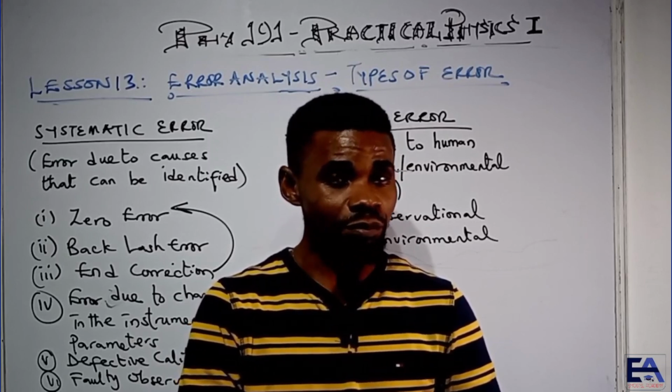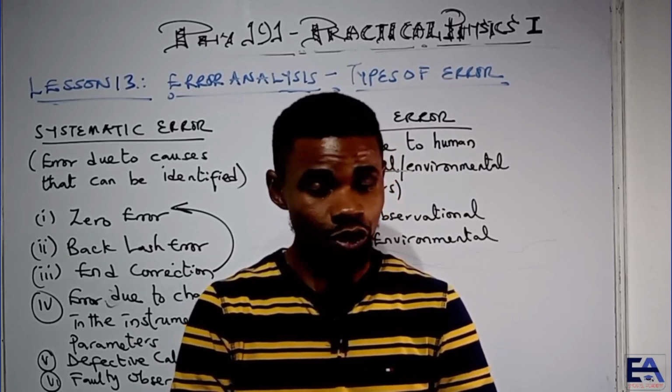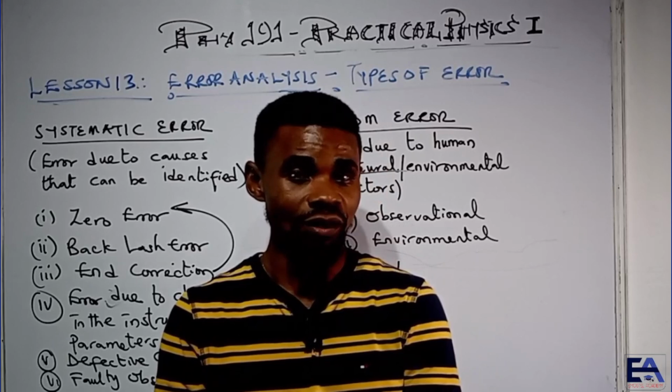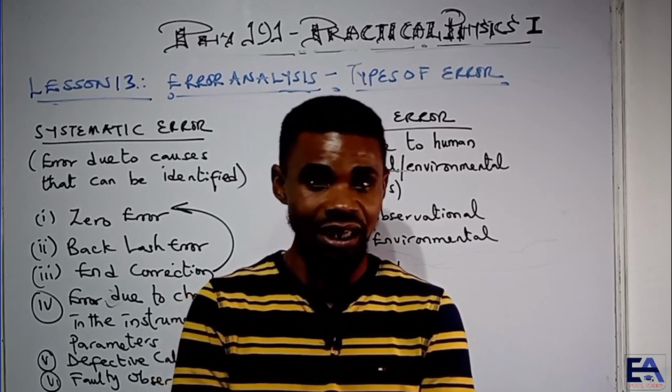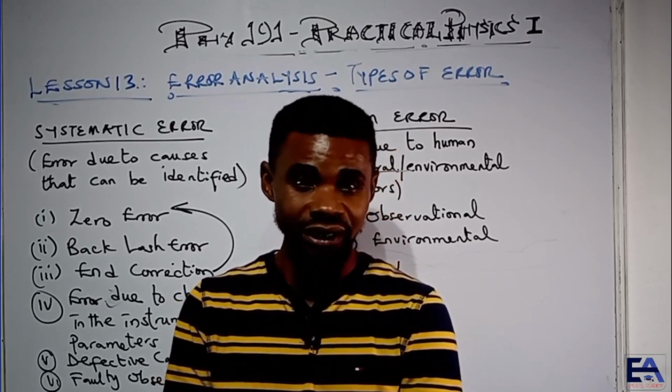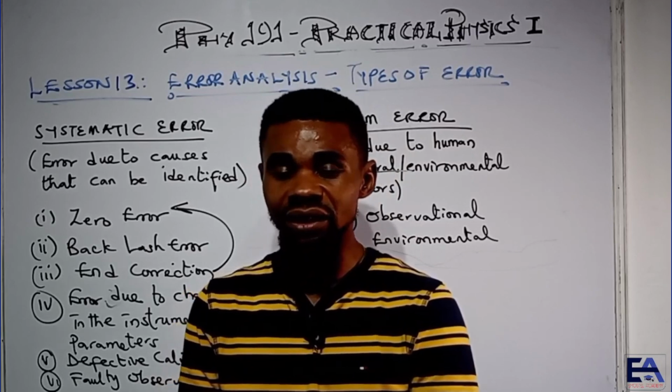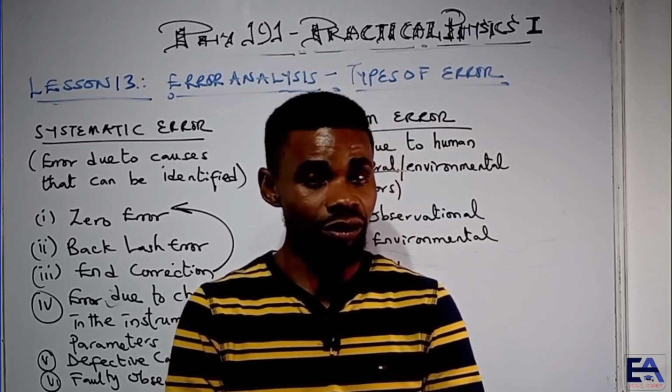The moment the battery starts to run down, be rest assured that the readings you are going to get from the meter, whether the voltmeter or the ammeter, will not be the correct reading, because the battery that is powering the experiment is already running down.